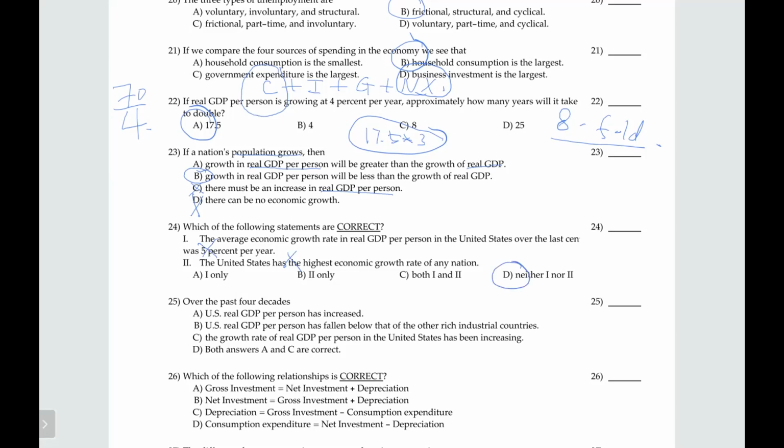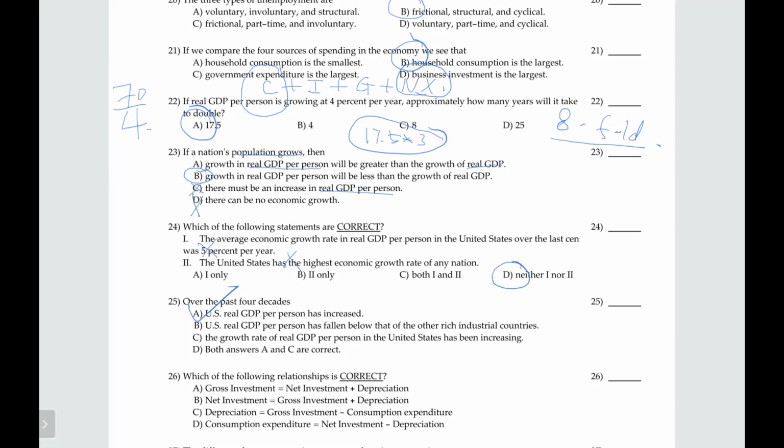25. Over the past 4 decades, let's go one by one. A, US real GDP per person has increased. Yes, that's true. B, US real GDP per person has fallen below that of other rich industrial countries. That is not correct.